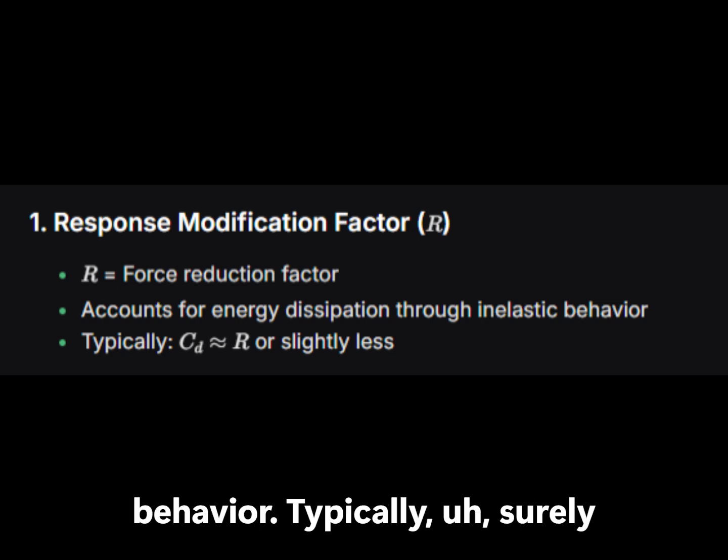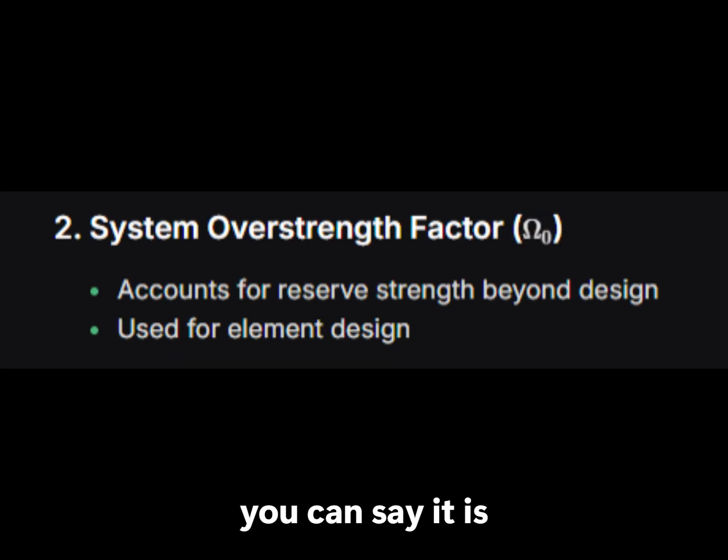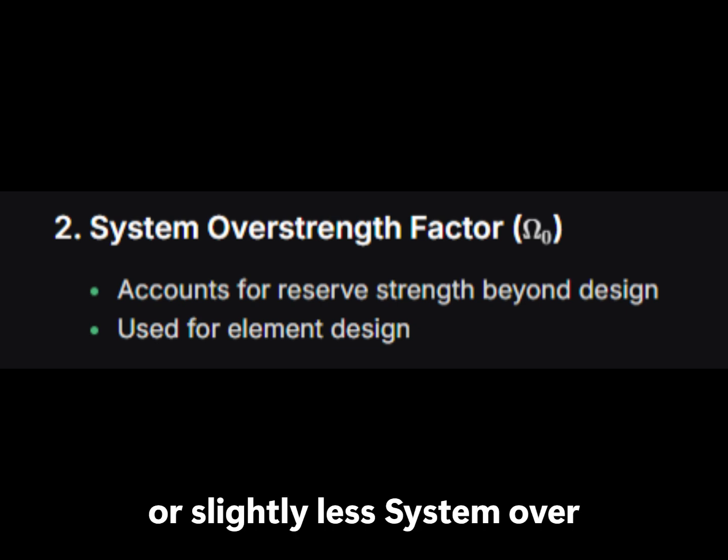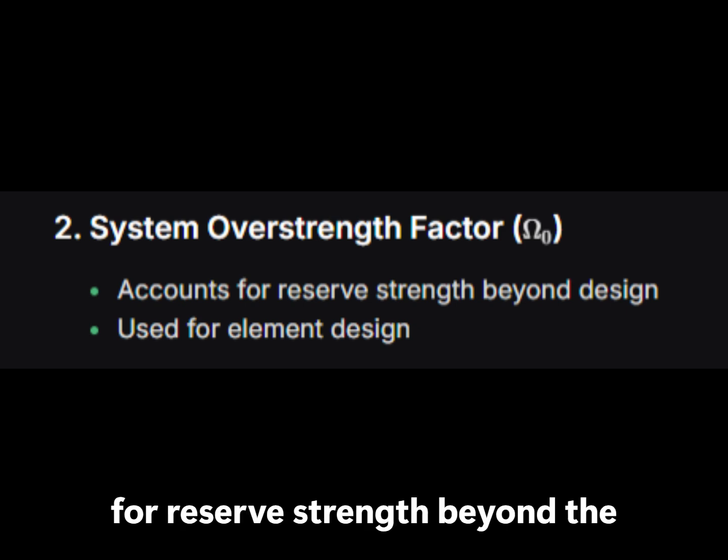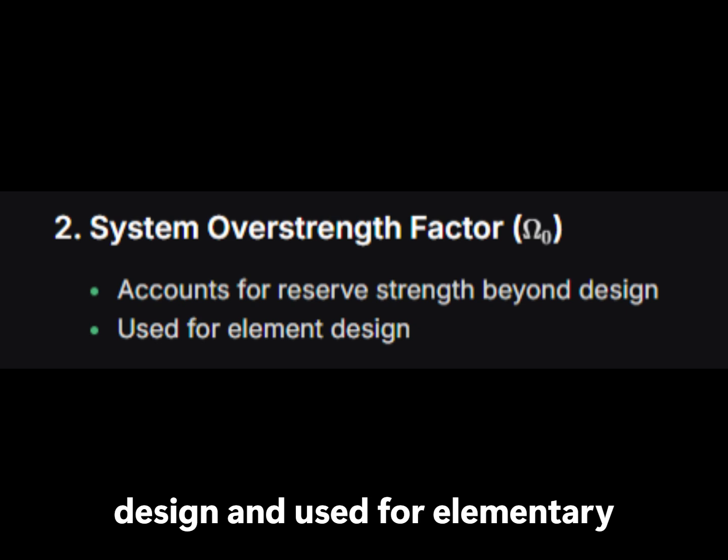Typically, CD is almost equal to R or slightly less. The system overstrength factor accounts for reserve strength beyond design and is used for element design.